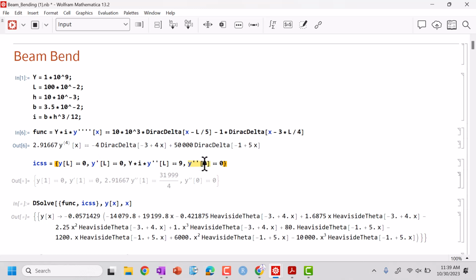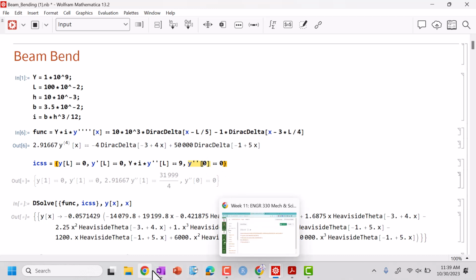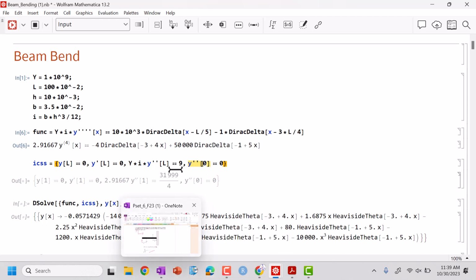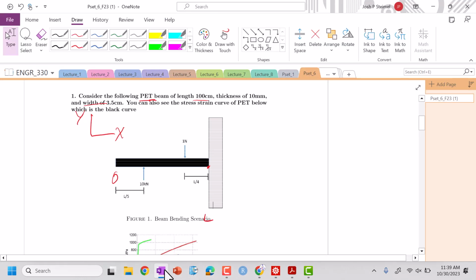There's going to be no moment at 0 because we're a free cantilever beam. And at L, we'll also have a moment, so we can actually calculate that moment. If I look at my system here, I'm going to calculate it from this point, because I want some of my moments to be 0 about that point, so reaction forces I can ignore.